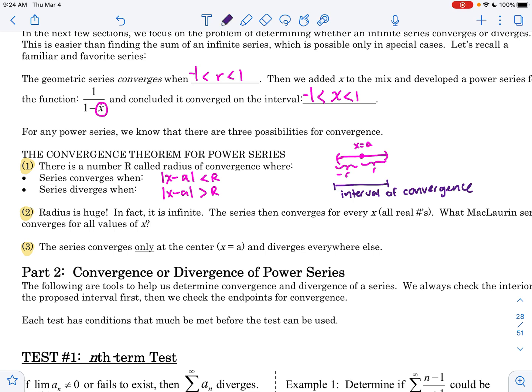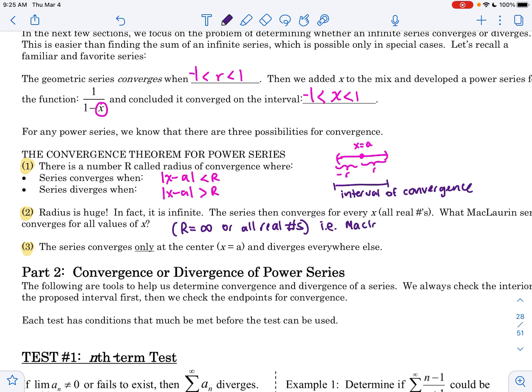We saw a few of those power series as well. If r is equal to infinity, we would say it's a good approximation for all real numbers of x. I want you to think, for example, of when we looked at the Maclaurin series for sine of x.